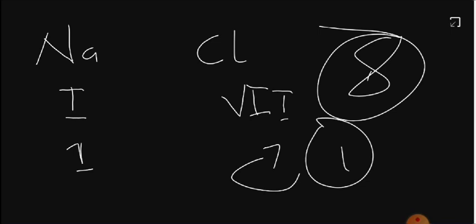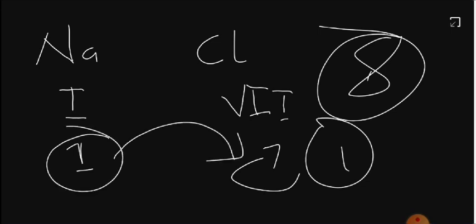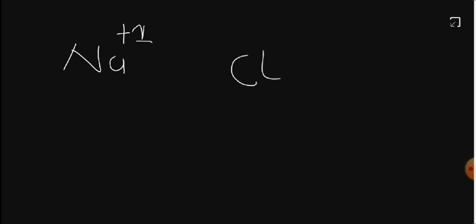So this involves the movement of this 1 electron from sodium to go and join that 7 electrons in the outer shell of chlorine so that they balance. Let's see how this is done. So sodium has got a positive 1 there, and chlorine, being a non-metal, it has got negative 1 there.